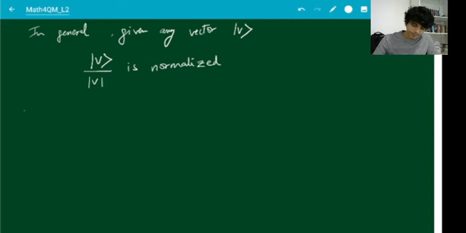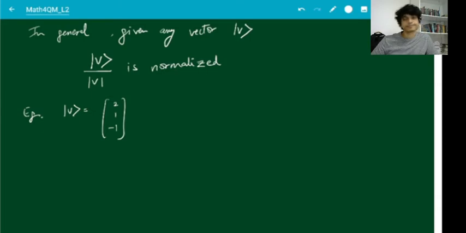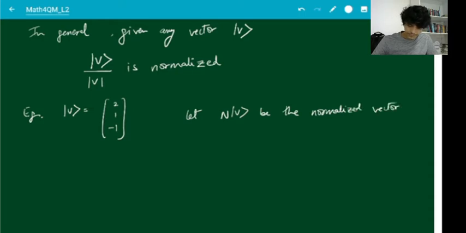Let's take one more example. If I give you (2, 1, minus 1), and I say normalize it. So let that appropriate factor which I want to put be n. So let nv be the normalized vector.